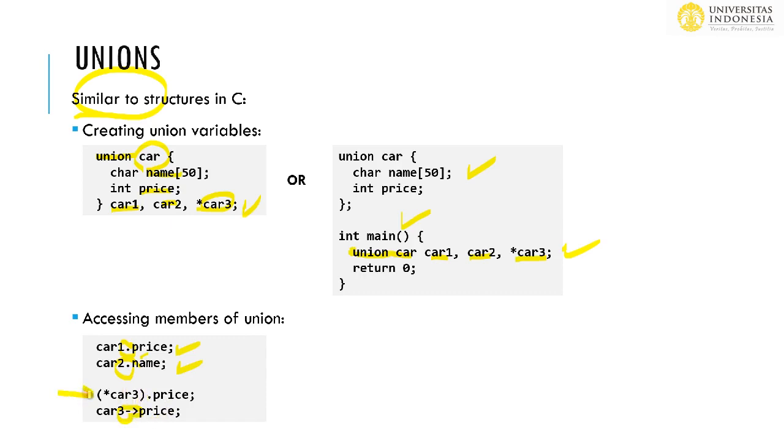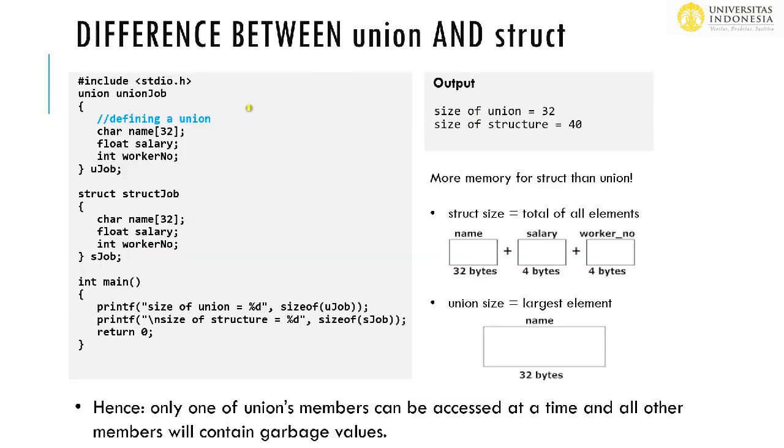Also, you can use the dot operator by writing the pointer's name completely in brackets, and then mention the member of it. It works exactly the same way as a structure. But the difference is in another example here, where you have three variables in a union, and you also have the same variables for a structure. So structure and union have the same data, even the same variable names.